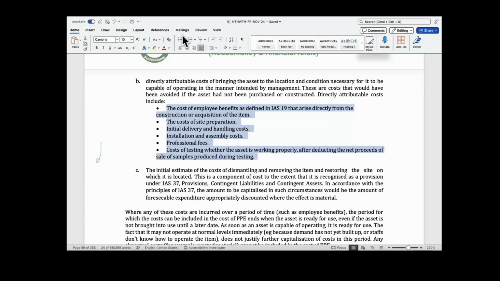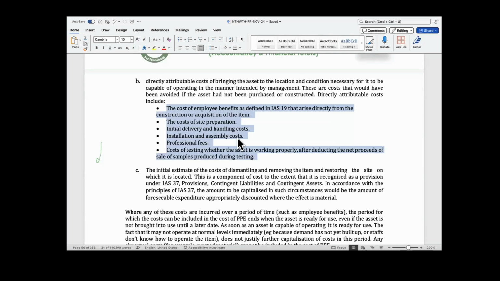Excuse me, sorry, please. Oh, sorry, I muted you mistakenly. Can you unmute? Yes, please, I just want to clarify. When you say capitalize it, do you mean add to the cost or subtract from the cost based on the scenario? Add to the cost. Thank you.